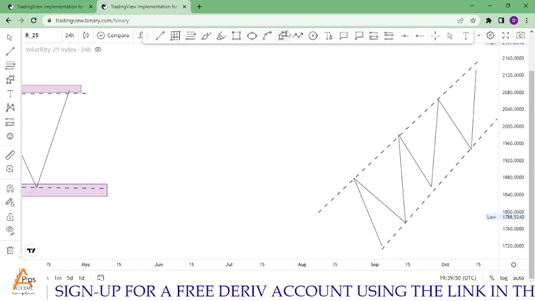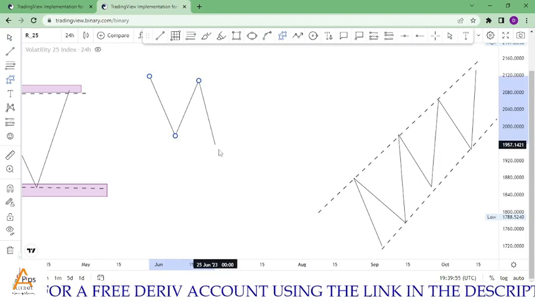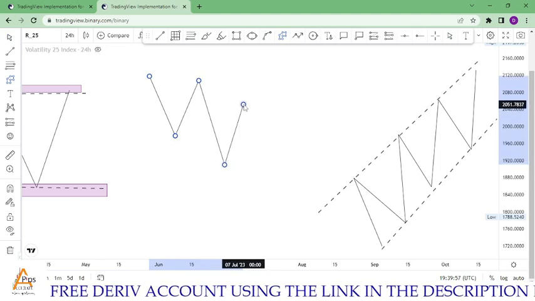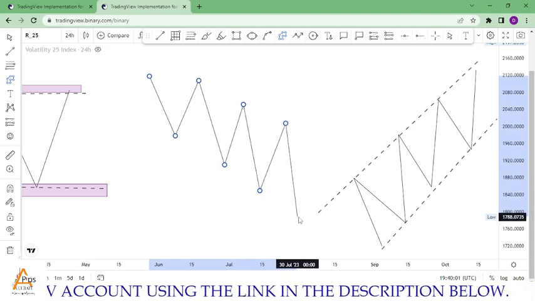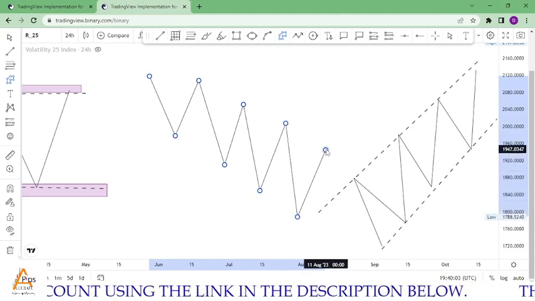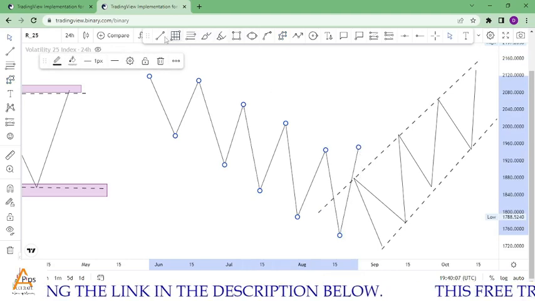We can also have them forming in the downward move, where we have lower highs and lower lows, lower high, lower low, lower high, lower low forming in the market.